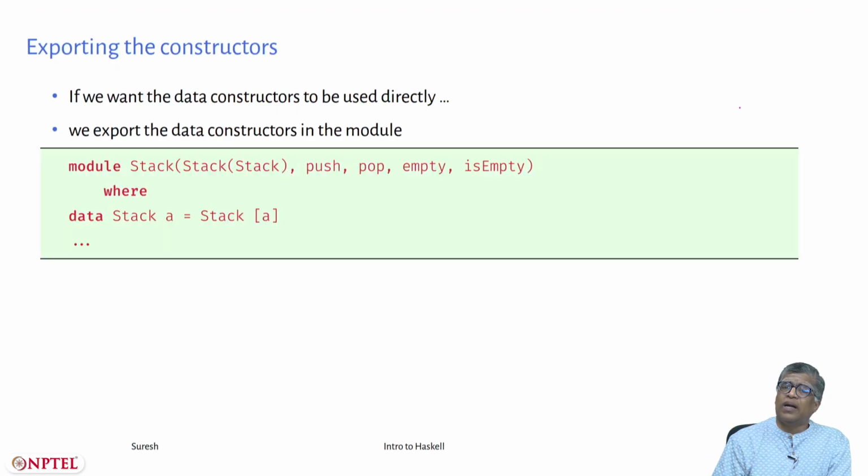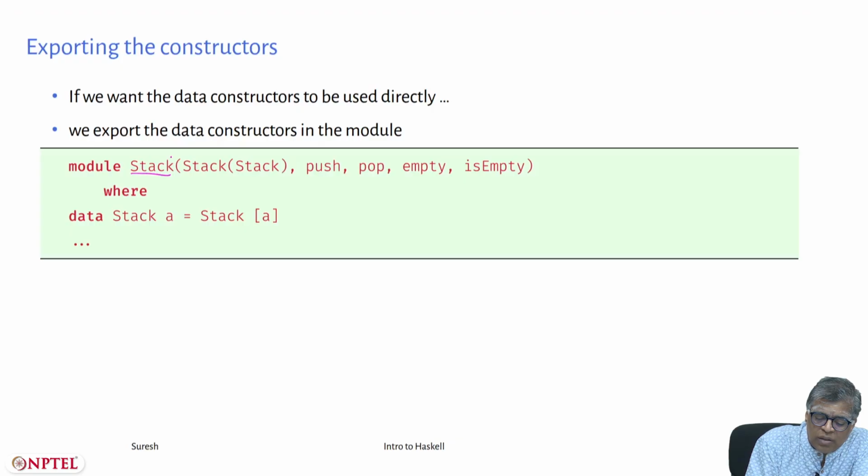If you want the data constructors to be used directly, you should do this: Stack. This is the name of the module, this is the name of the type constructor. This is the module name, and this is the name of the value constructor.